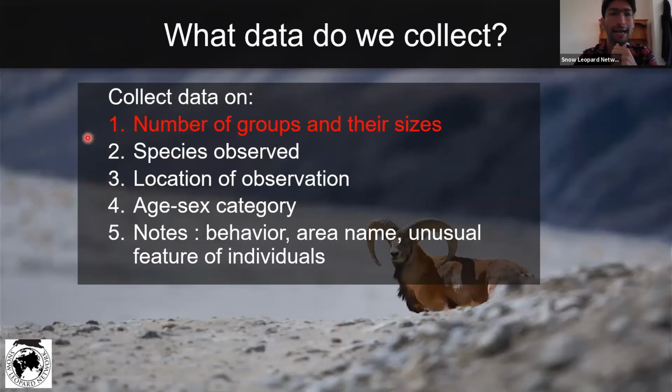And what you see up here in red is the data that actually gets analyzed to get to abundances and eventually densities of these ungulates.